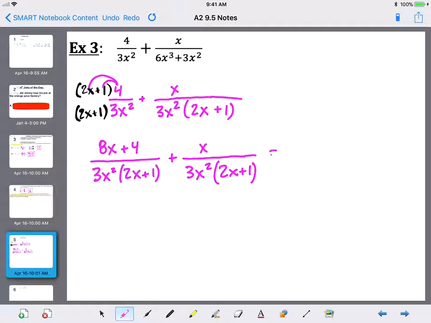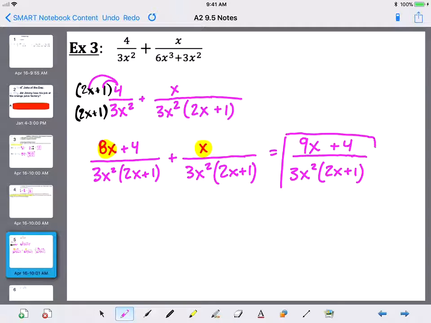Now I have a common denominator, so my final answer will have this 3x squared times 2x plus 1, and I can add my numerators. So if we look here, I notice I have 8x plus x, and that's going to give me 9x, and then I just have that plus 4 there. There's nothing else I can factor here, so this is my final answer.